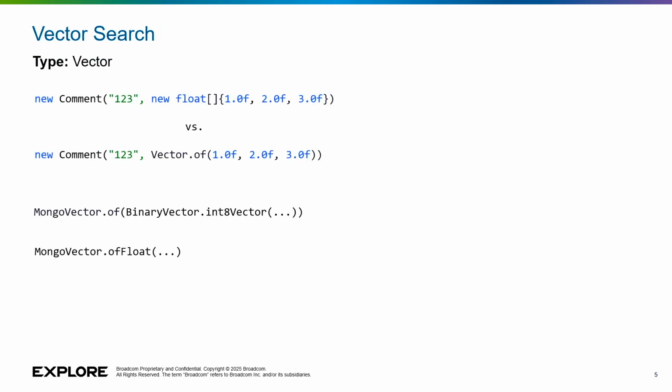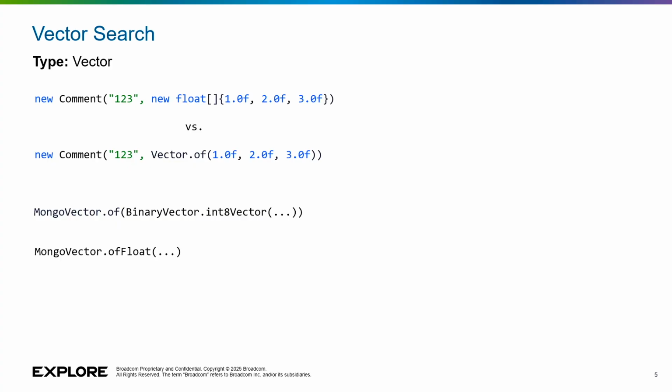All right, I'm sure everybody's heard of vector search and AI and Gen AI and things of this nature. We've introduced a type called Vector, and it's not the old java.util.Vector from very long ago. It's to encapsulate basically a multi-dimensional point in space.